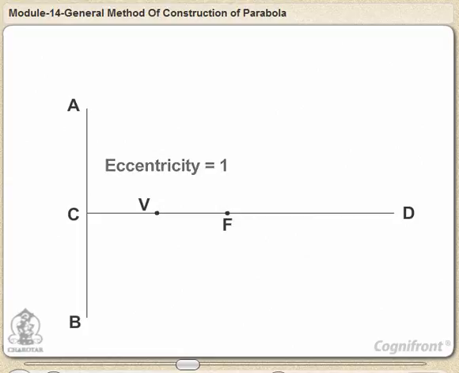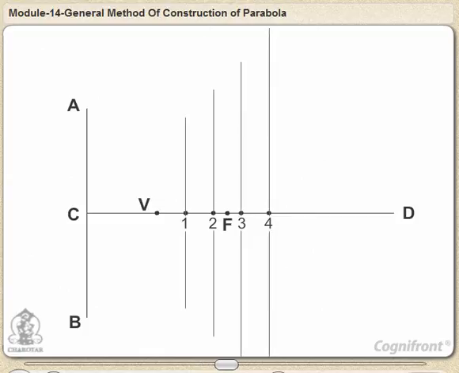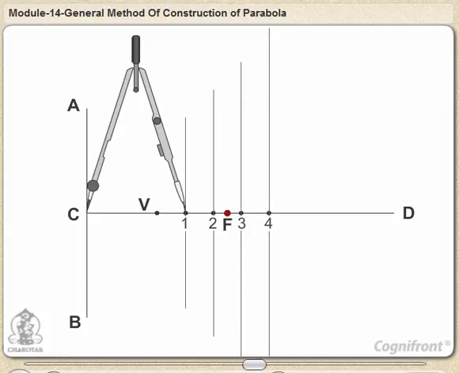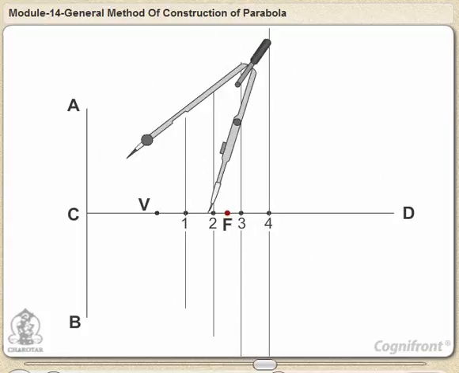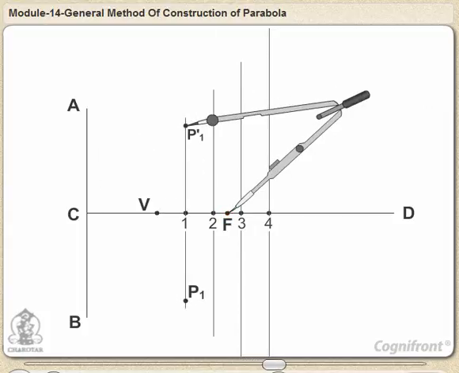Mark a number of points 1, 2, 3, etc. on the axis and through them draw perpendiculars to it. With center F and radius equal to C1, draw arcs cutting the perpendicular through 1 at P1 and P-1.